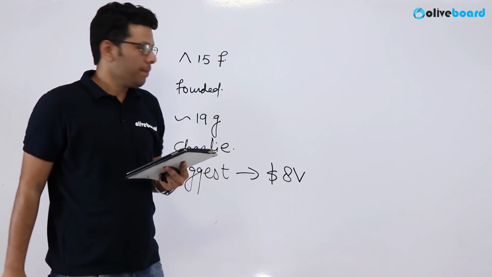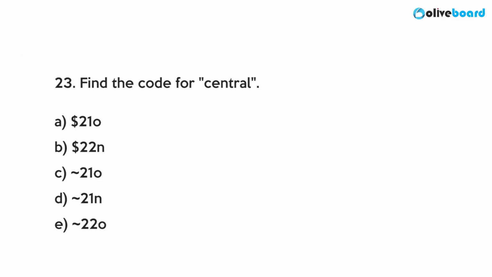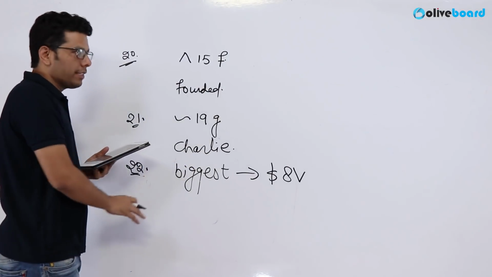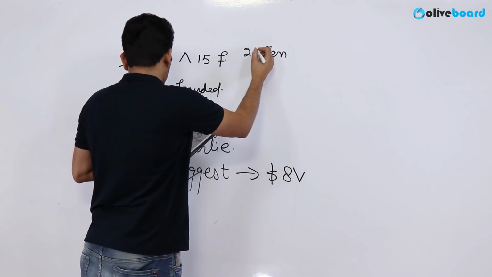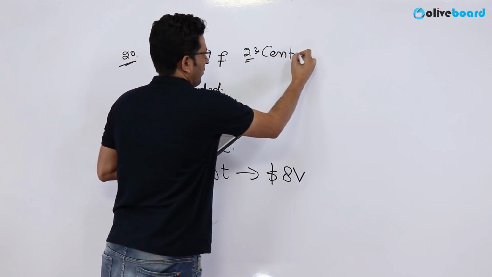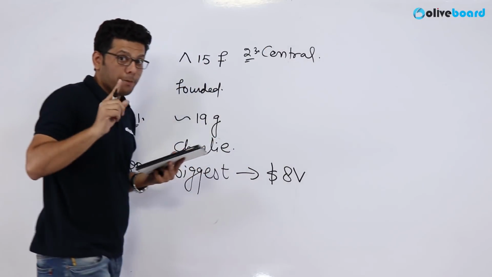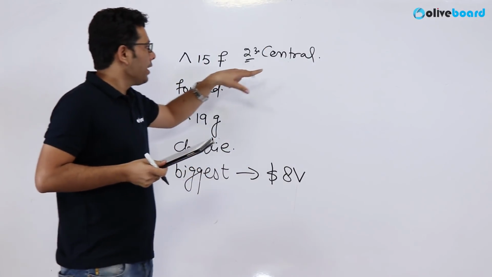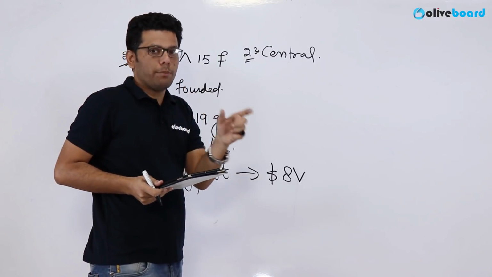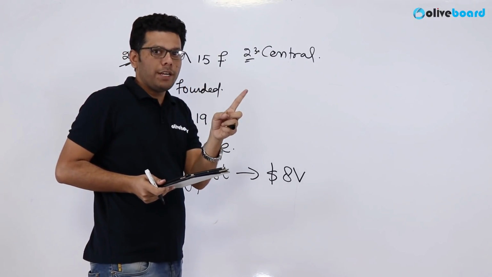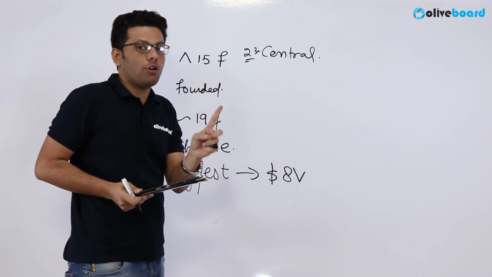Next question, based on again the same thing: what is the code for central? One very important thing, if you pay attention, you will get to know that each word had an odd number of letters. If there were an even number, then it would be something completely different, or something wrong.